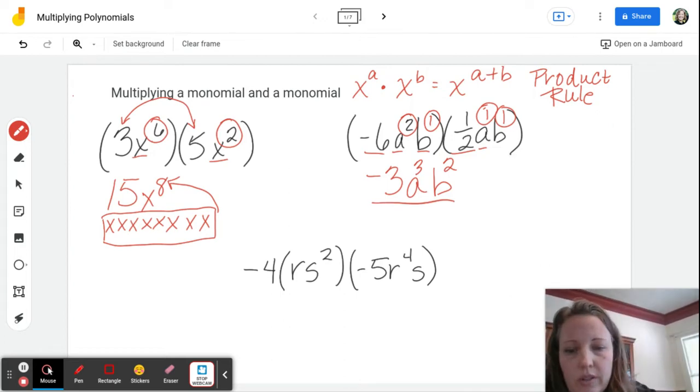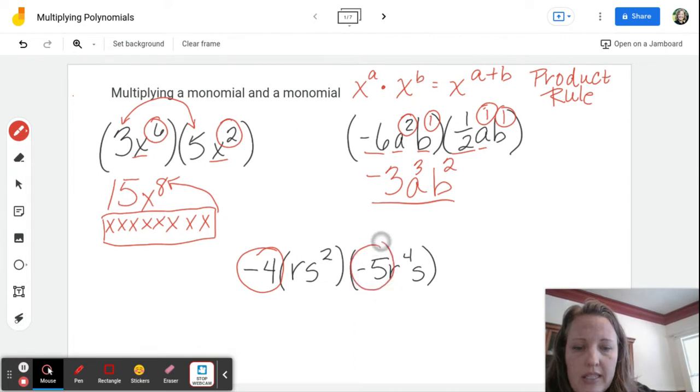So then let's do this one. This is actually a monomial, negative 4rs squared, times a monomial, negative 5r to the 4th s. We take negative 4 and multiply it by negative 5. This is going to be a positive 20.